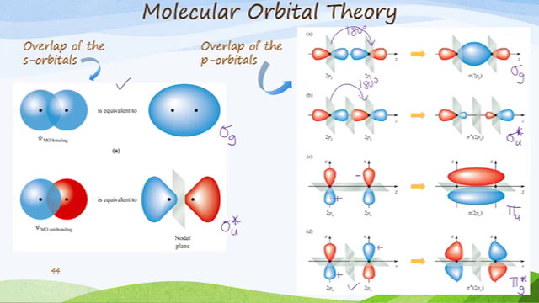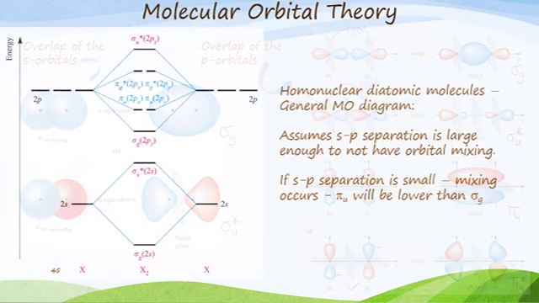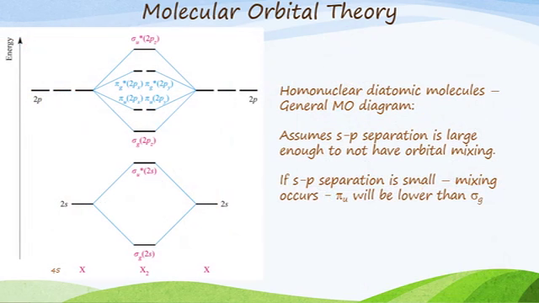Let's just go a little bit further. How do we put the orbitals together? Well, we do a linear combination of the atomic orbitals. In this case, where we've got an s orbital at the bottom here and an s orbital at the bottom here, we have two atomic orbitals, so we're going to get two molecular orbitals.